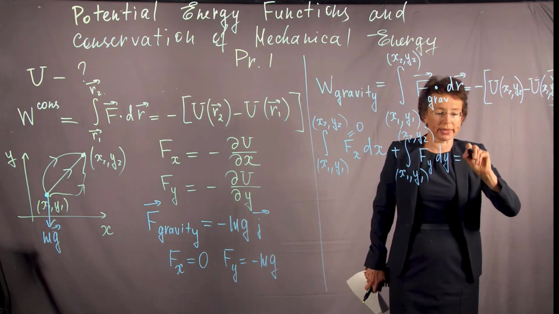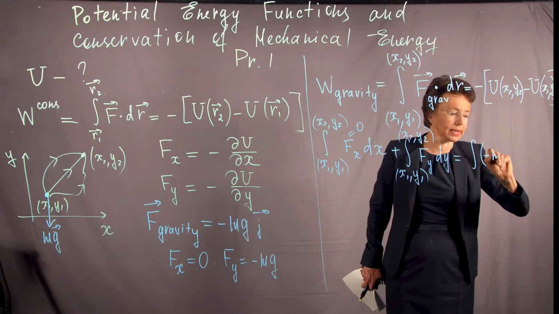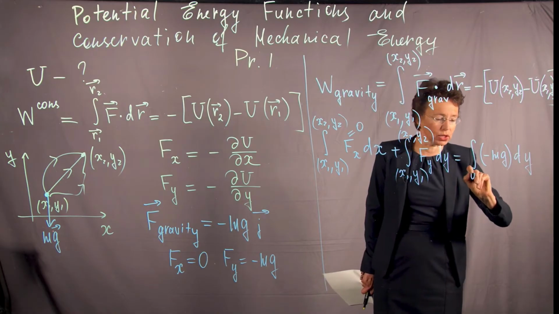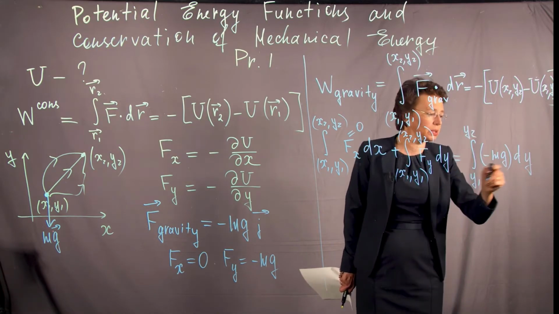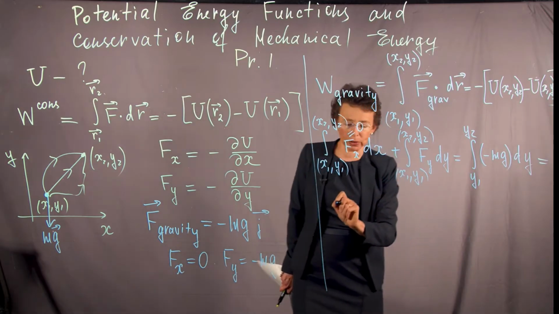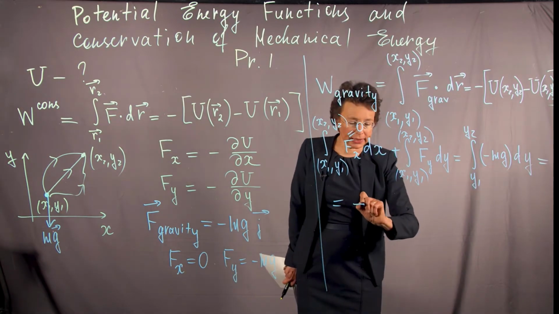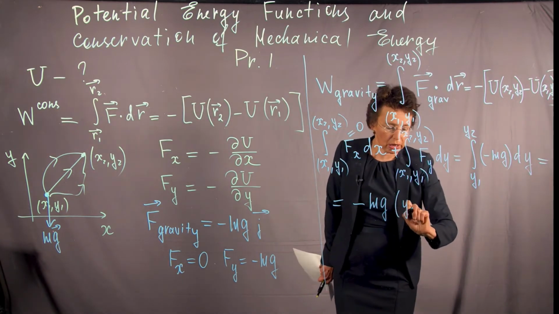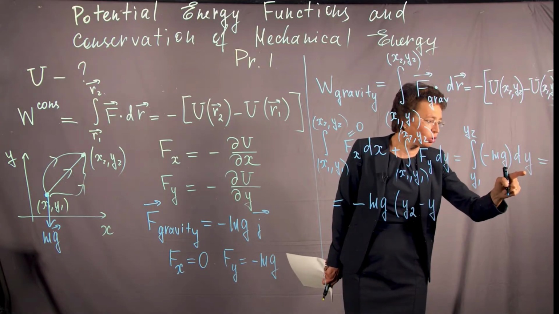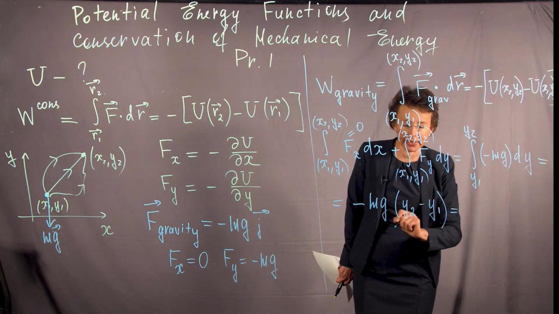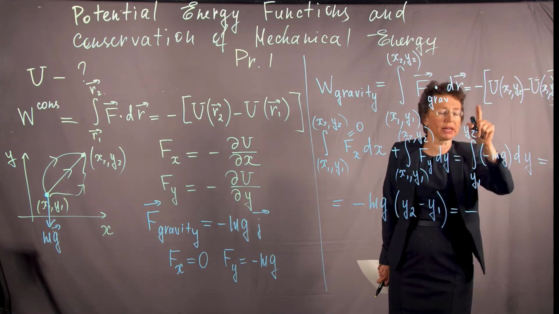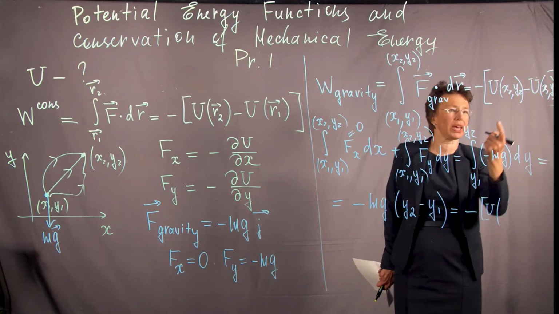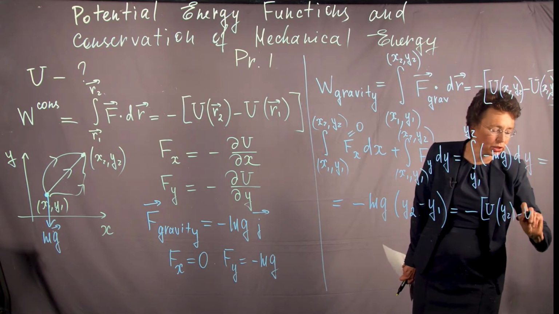F sub y is minus mg, so the integral of minus mg dy, and this integral is from y1 to y2. Nothing depends on x. And this is equal to minus mg times y2 minus y1, minus mgy, I plug in the limits. And this has to be equal to minus, by definition, U at, I skip x2 because nothing depends on x, U at y2 minus U at y1.